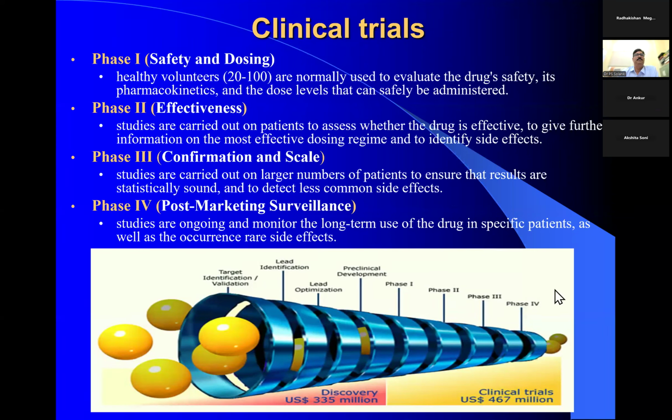So here it detects less common side effects and validates the risk-benefit profile required for regulatory approval. For example, in India we have the Drug Controller of India, and in America they have the FDA.